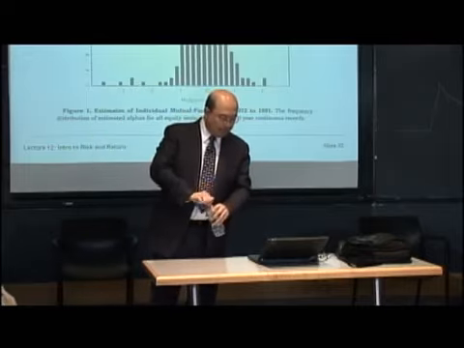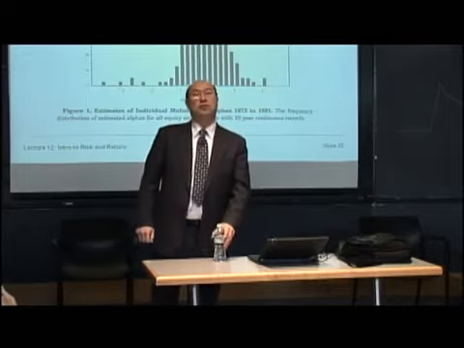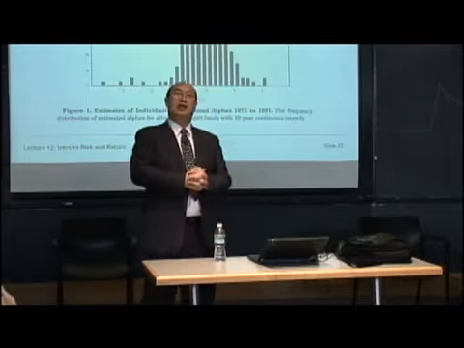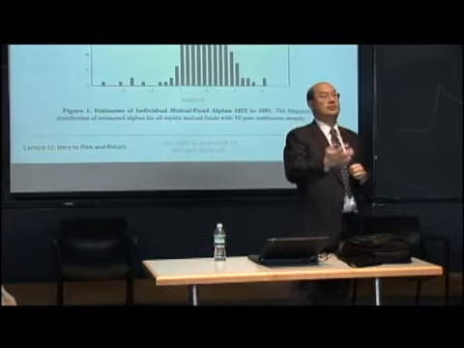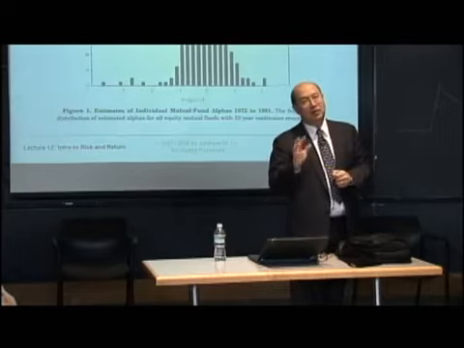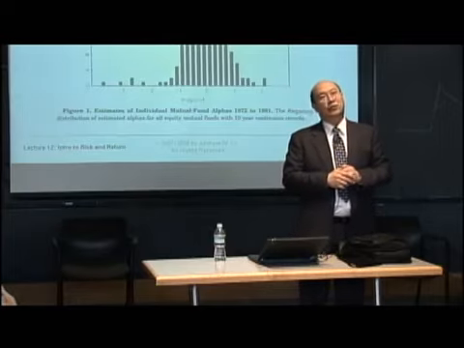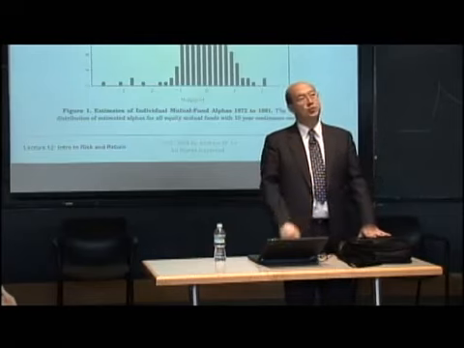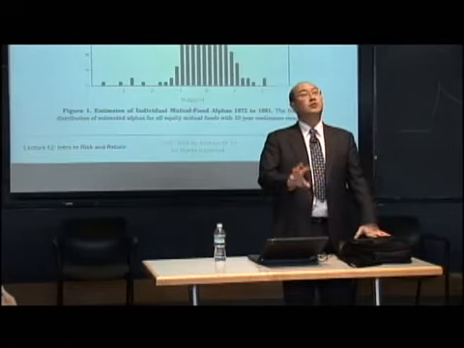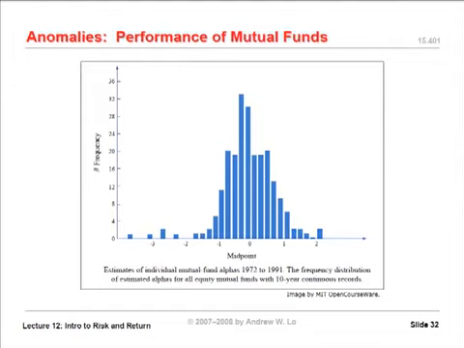If you do a histogram of mutual fund returns that are in excess of their risks, so you make some kind of a simple risk adjustment, and you look at the mutual fund's additional value added above and beyond those risk adjustments, those excess returns are given by this histogram.